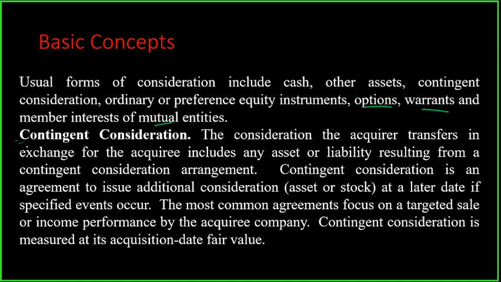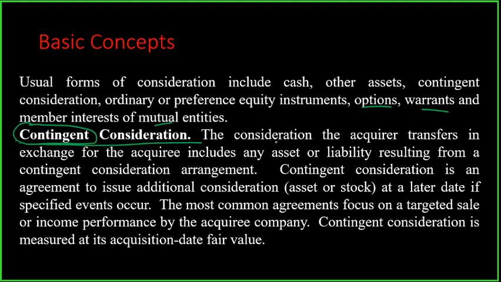I want to focus on contingent consideration first. When we say contingent, it depends. It depends on the happening of a certain event. So, a contingent consideration is a consideration which depends on the happening of a future event.